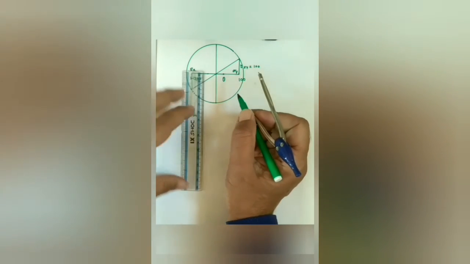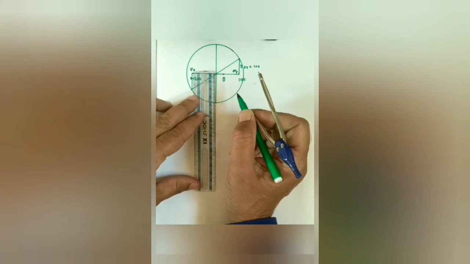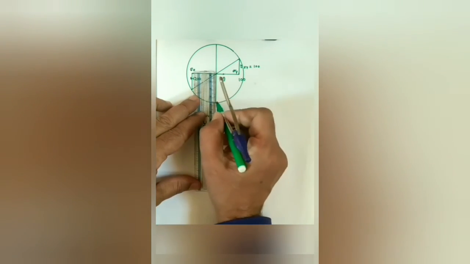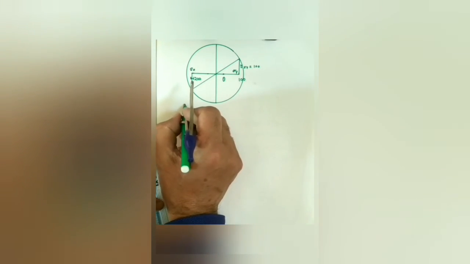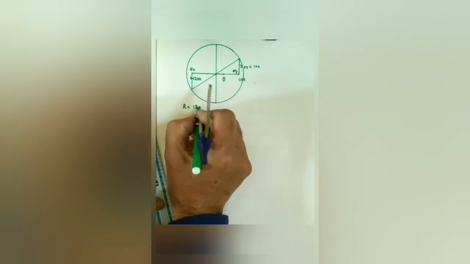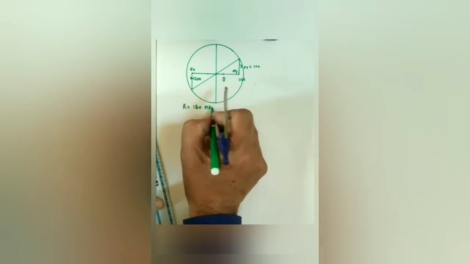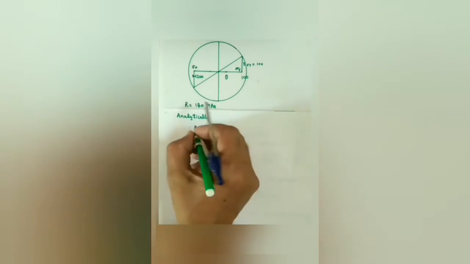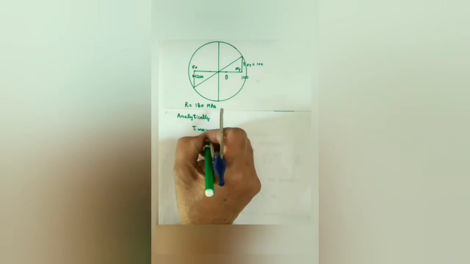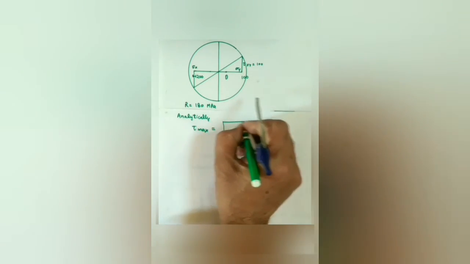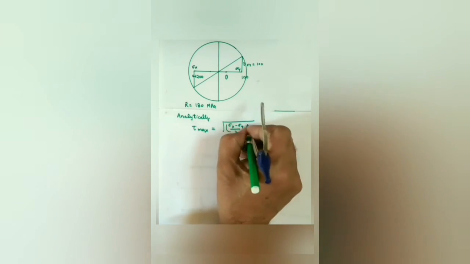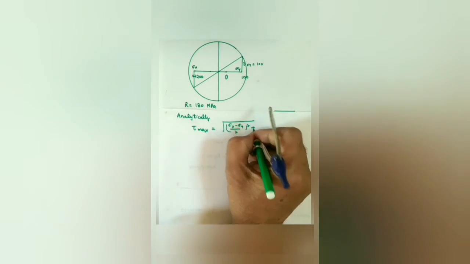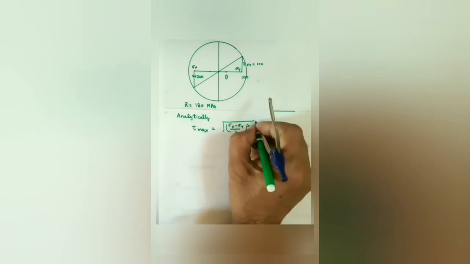So the value of maximum shear stress is the radius, and the radius comes to about 180 MPa. And analytically, tau max is equal to the square root of ((sigma x minus sigma y) by 2) whole squared plus tau xy whole squared.